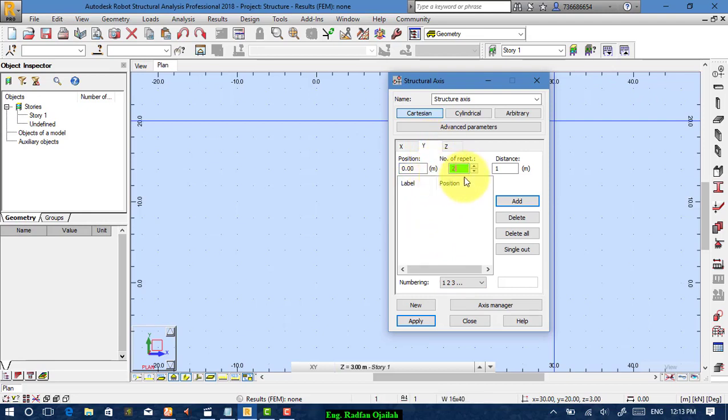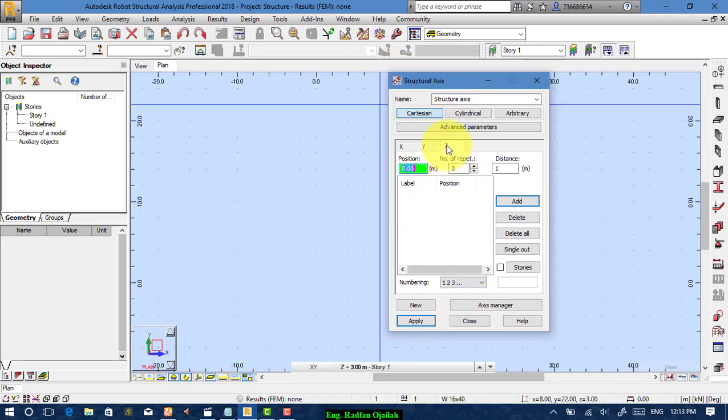Let's make it 2, and the distance between them is 5, for example. So we have 3 lines, and the numbering method is ABC. Move to the z-axis and number of bays is 3, for example, and the distance between them is 5 meters, and numbering is value.